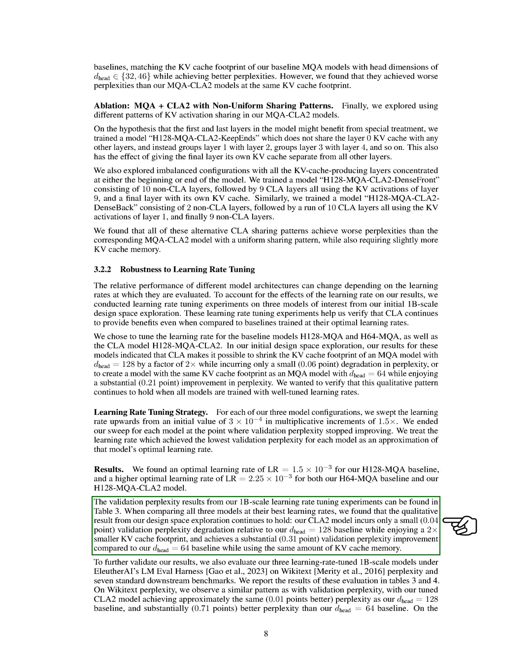When comparing the models at their best learning rates, we confirmed that CLA2 incurs only a small perplexity degradation compared to the d_text head equals 128 baseline while using a smaller KV cache footprint, and significantly improves perplexity compared to the d_text head equals 64 baseline with the same KV cache memory.